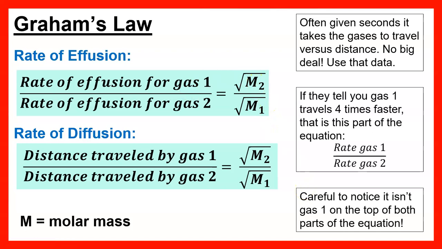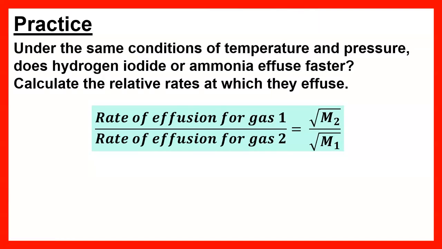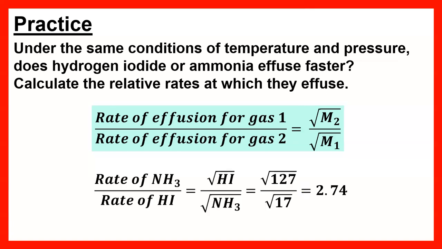Let's do a practice problem. Under the same conditions of temperature and pressure, does hydrogen iodide or ammonia effuse faster? Calculate the relative rates at which they effuse. So we're going to set it up where we know that NH3 will go faster.